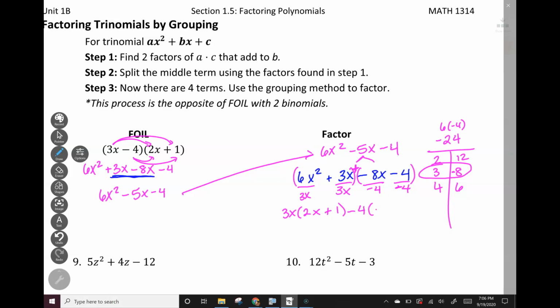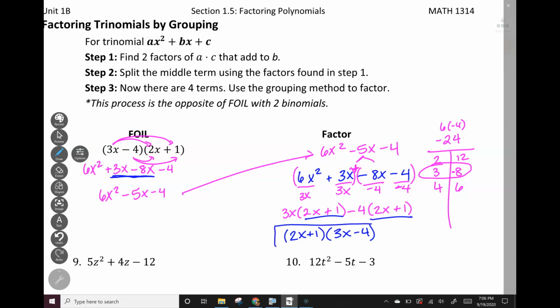And that leaves me with 2x plus 1. Okay, great. These two match, right? Our two leftovers, the 2x plus 1 and 2x plus 1. So we can factor those out, divide by 2x plus 1, put it on the outside, and leave the 3x minus 4 as your other factor.